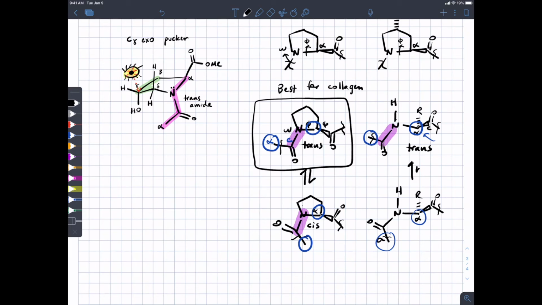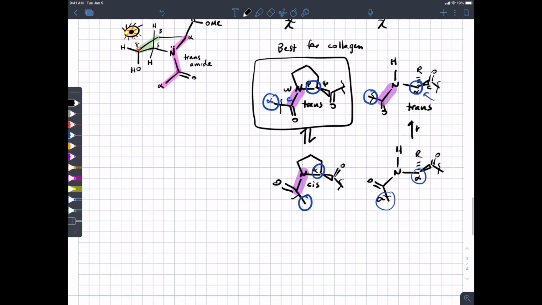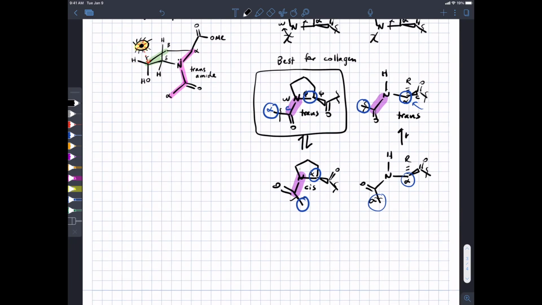Okay, so you would predict that nature would do some things that might bias the molecule towards having a trans amide conformation. Now, there's another wrinkle to the story that we need to talk about. This one you'll have to maybe just accept, and then we'll get to the influence of the Gauche effect.